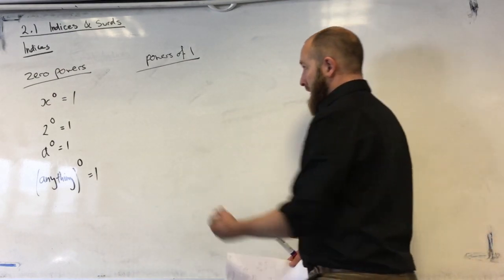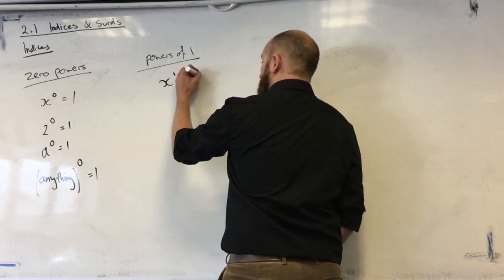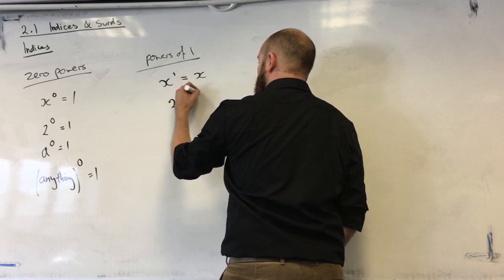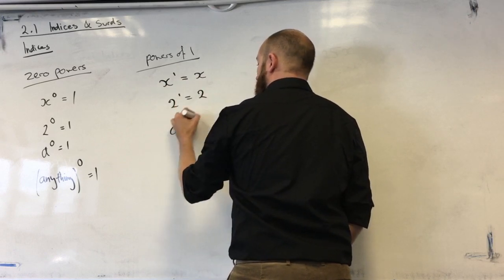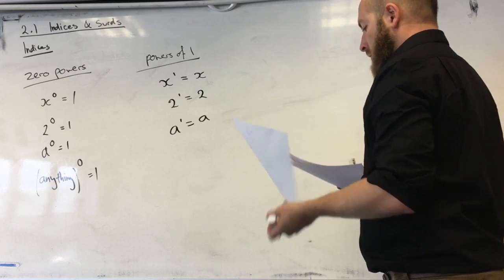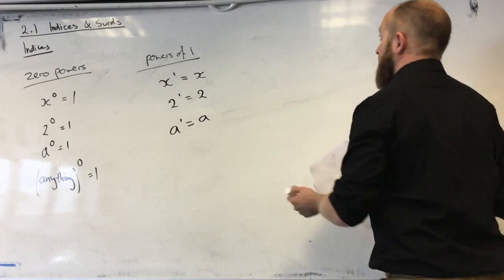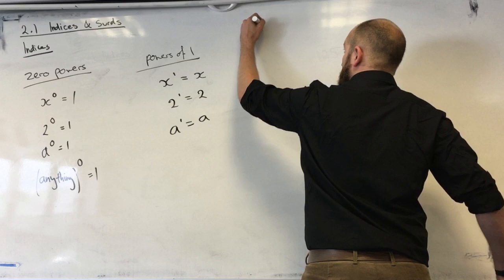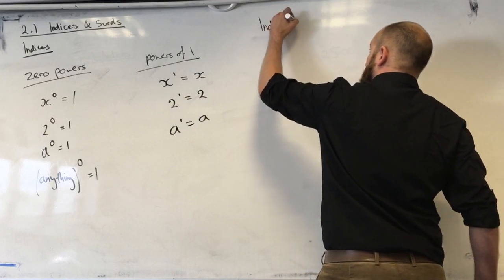Powers of 1, also very easy. X to the power 1 is just x. 2 to the power 1 is just 2. A to the power 1 is just A. So, to summarise everything, here's all of our index laws.